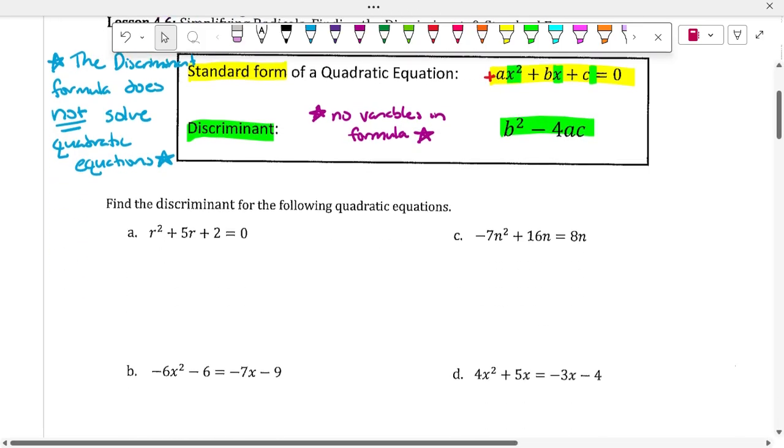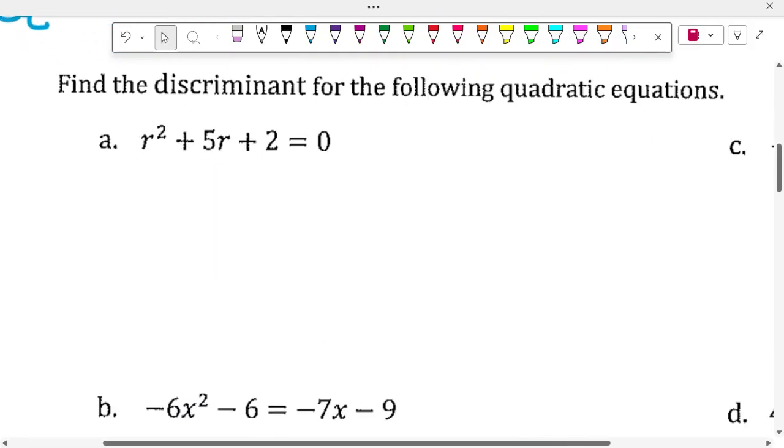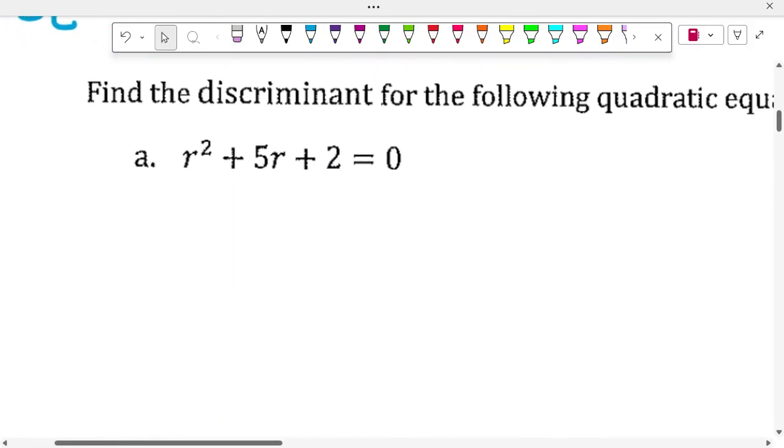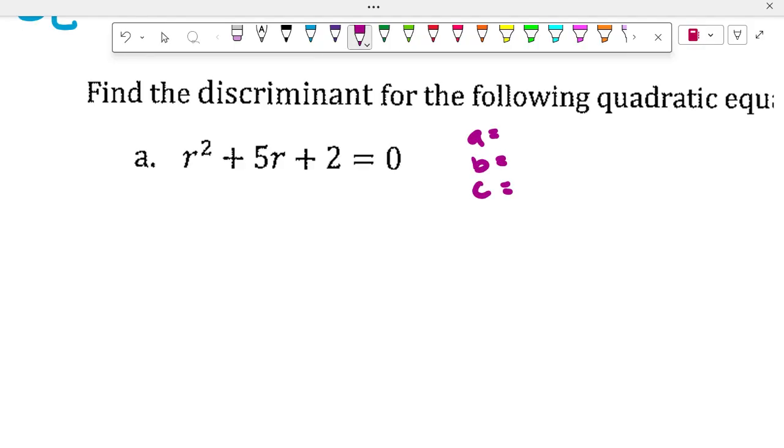All right, so let's test this out. Let's look at letter A. First off, is my x squared value positive? Yes. Is it set equal to 0? Yes, so I can go straight into identifying my A, B, C. What's my A value? 1, because I don't see a number in front of the x squared.